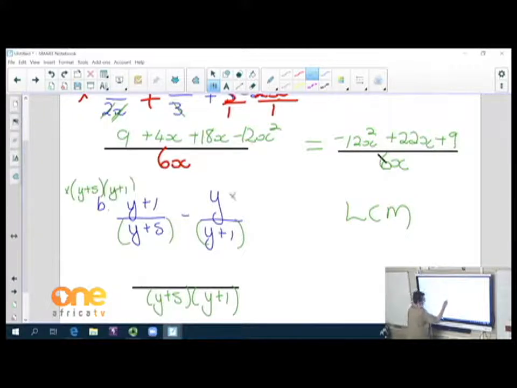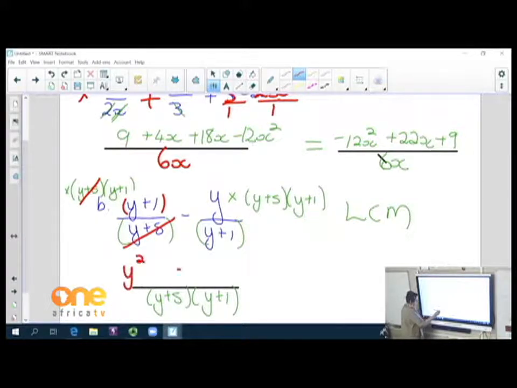And here also I multiply with y plus 5, y plus 1. And now we can cancel. So this will cancel, which means you still need to multiply those two brackets with each other. So it is y squared plus 1 plus 2y in the middle. Here I can cancel those two.